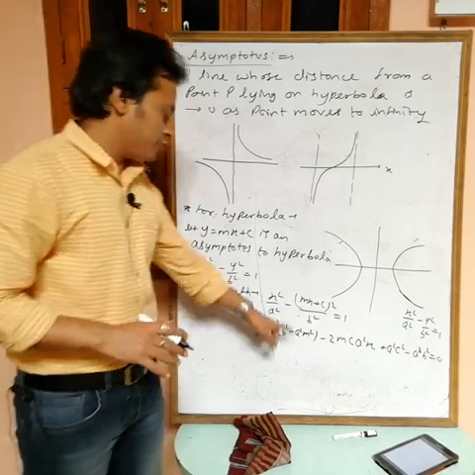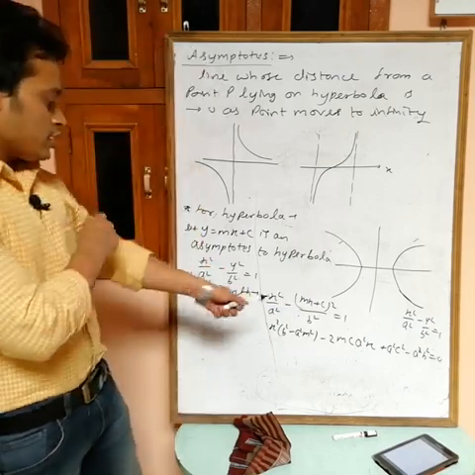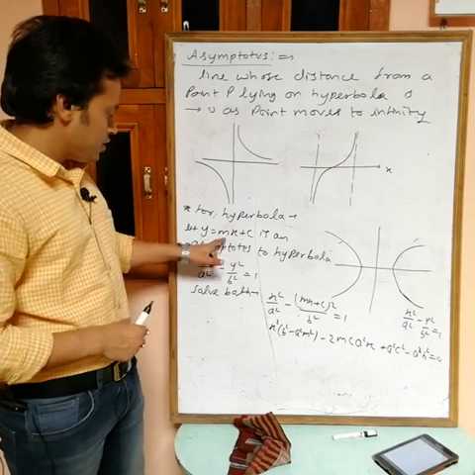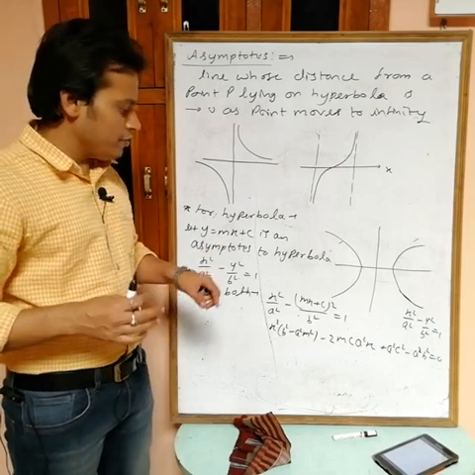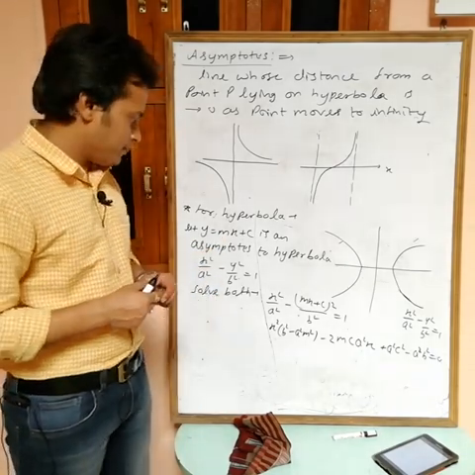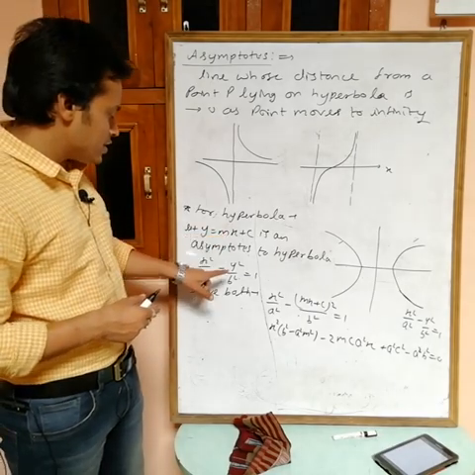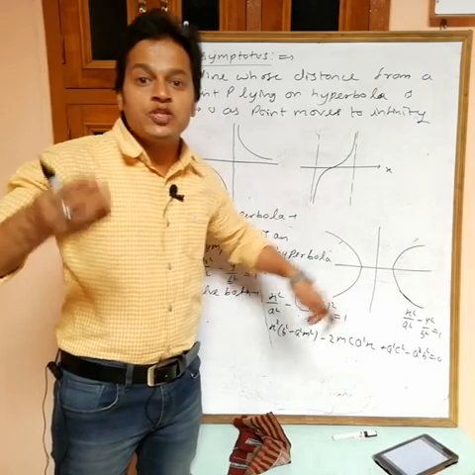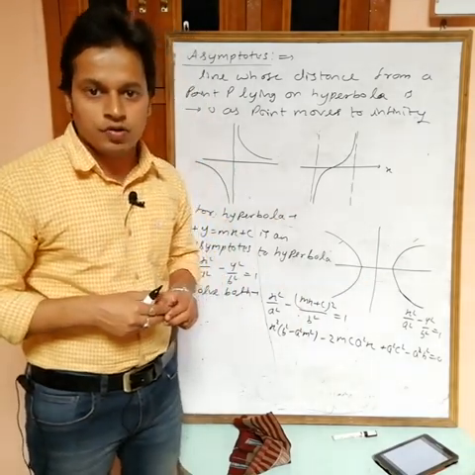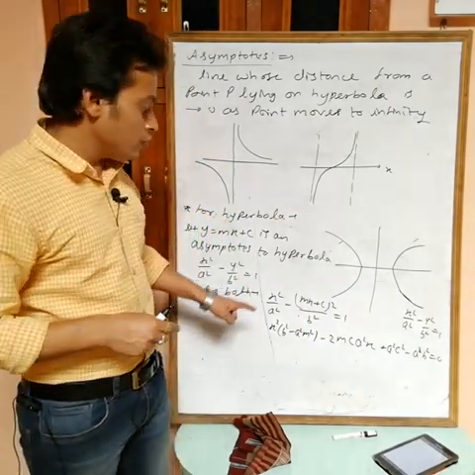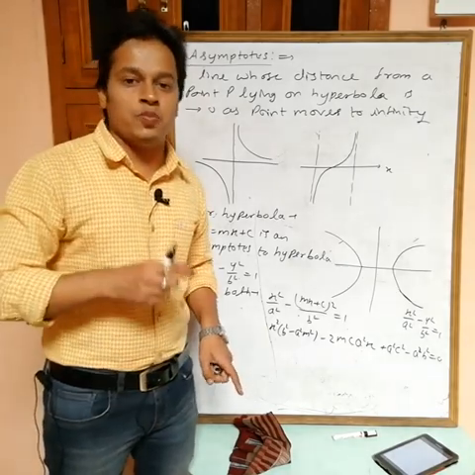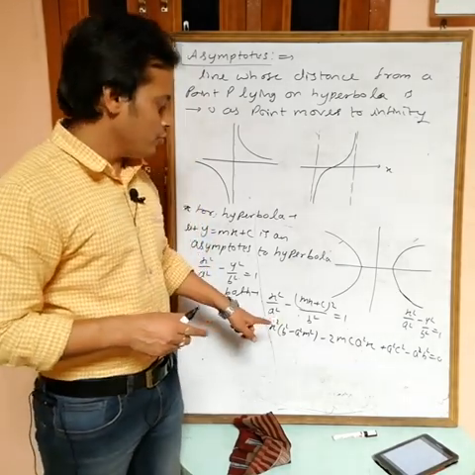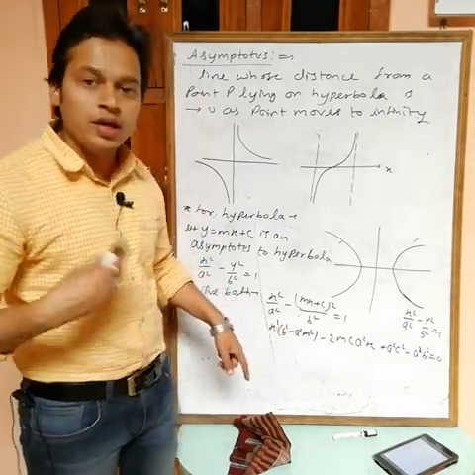Okay, after solving. Now when we solve these two curves, we get the points of intersection. But if this line is the asymptote for this curve, then it must touch the curve at infinity. It means the roots lie at infinity. It means both roots of this quadratic equation must be infinity.